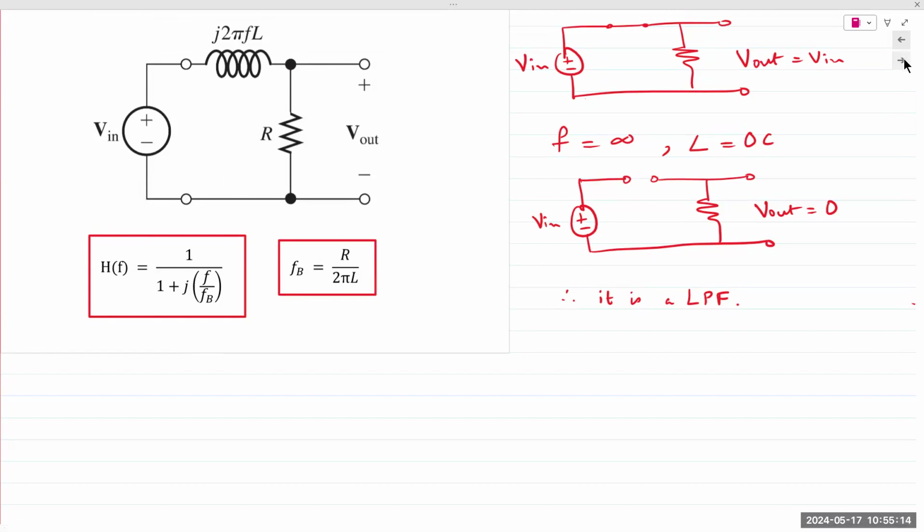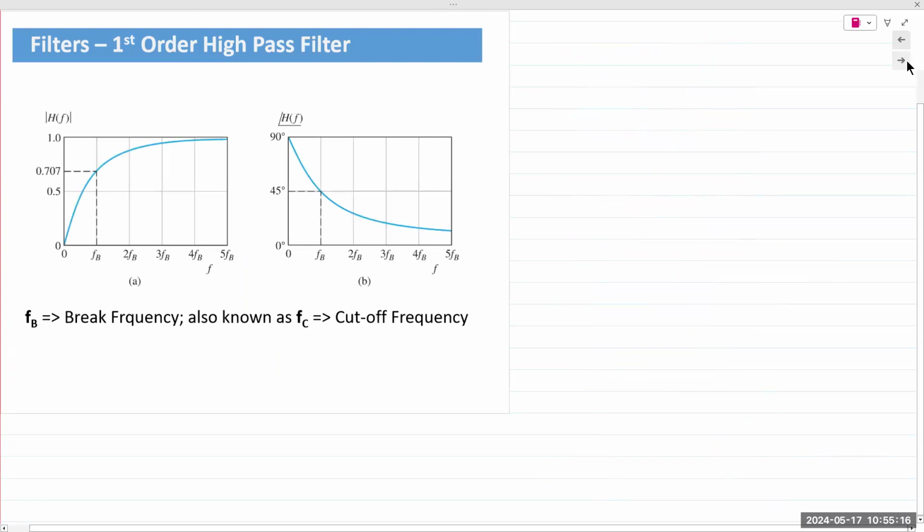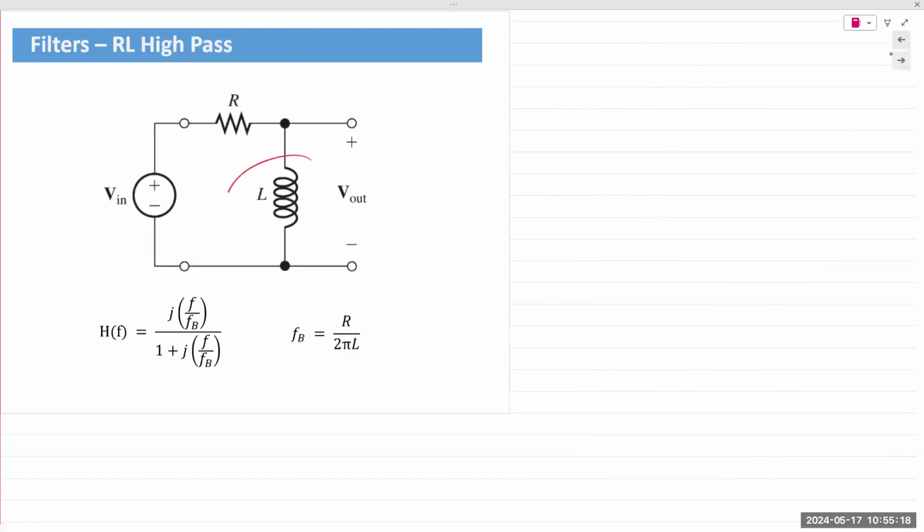Then if you take the output across the inductor, same circuit, it behaves the exact opposite, becoming a high pass circuit.